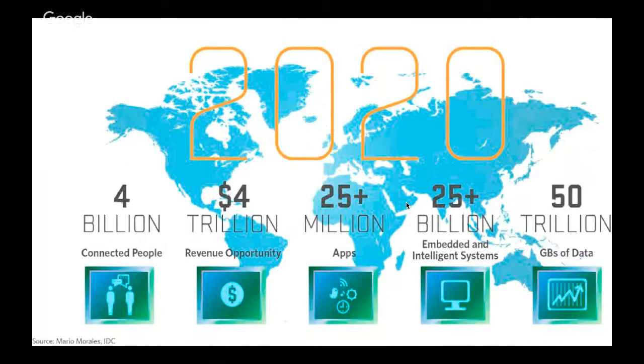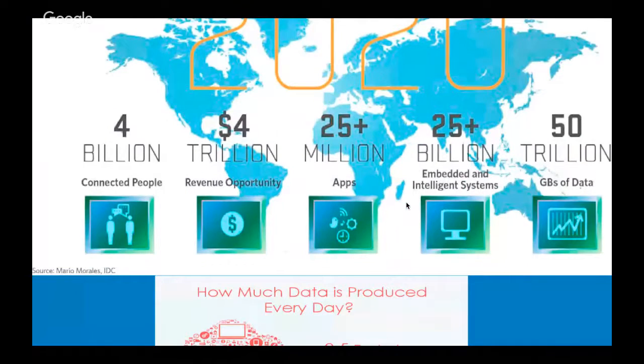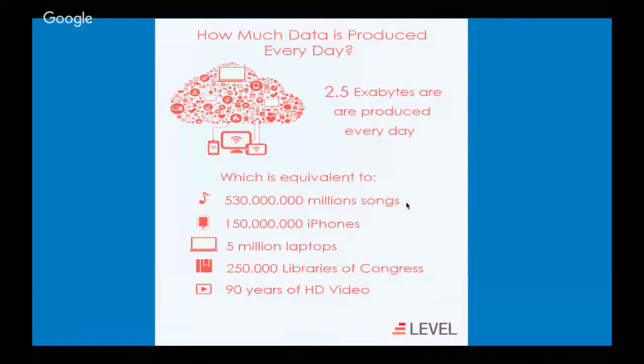There's so much data that is getting produced every day. Like mentioned over here, 2.5 exabytes are produced every day. Just to give you a context, I can't even read this number easily: this is equivalent to so many million songs, 5 million laptops, 250,000 Libraries of Congress, 90 years of HD video.